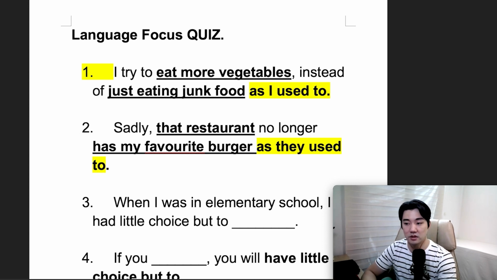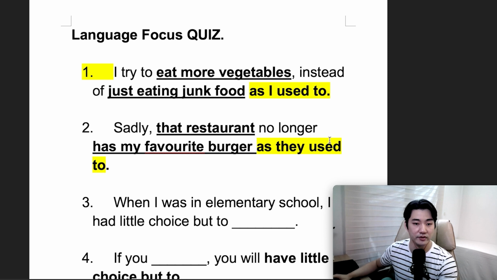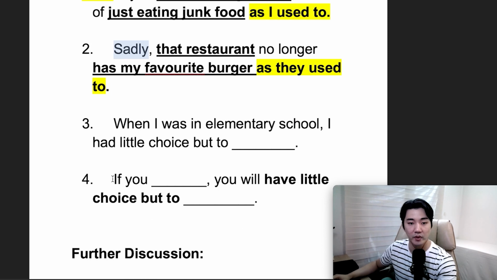Alright? 수프게도 그 식당에는 예전처럼 내가 가장 좋아하는 버거가 더 이상 없어. So, 옛날에 있었는데 가장 좋아하는 버거 팔렸는데 이제는 안 팔아요. Which is sad. That's why we use sadly.